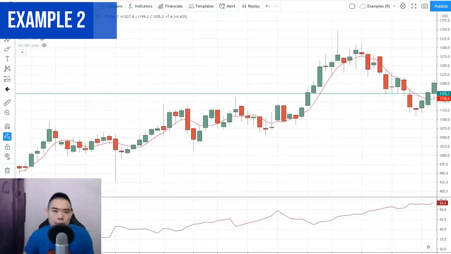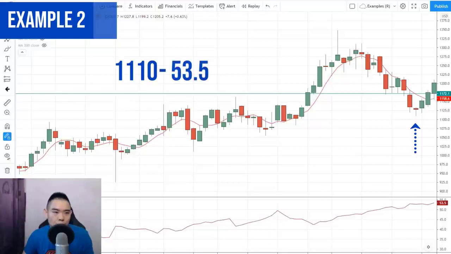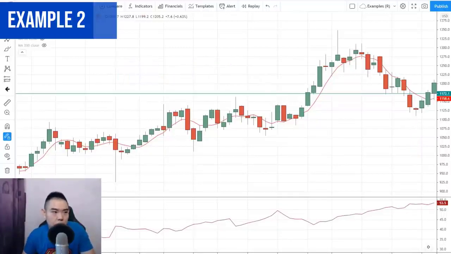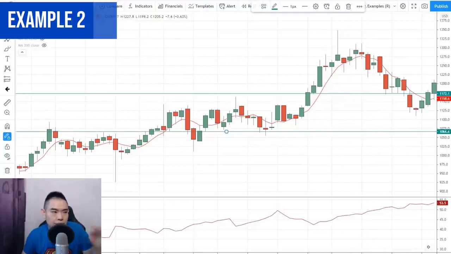You just take this extreme low over here, 1110, minus 53.5. 1110 minus 53.5, and that will give you 1056.5. So what you're going to do is to set your stop loss at 1056.5.